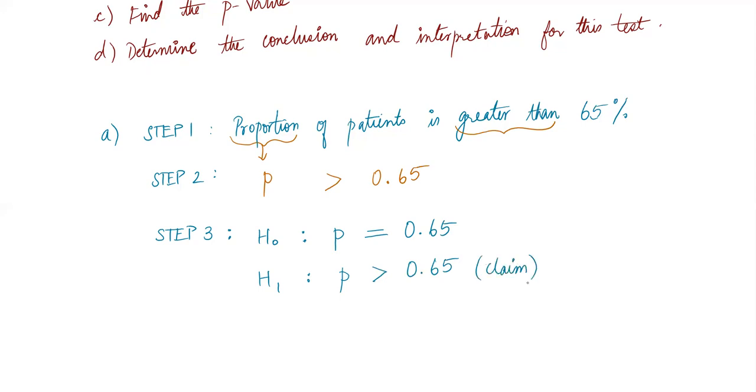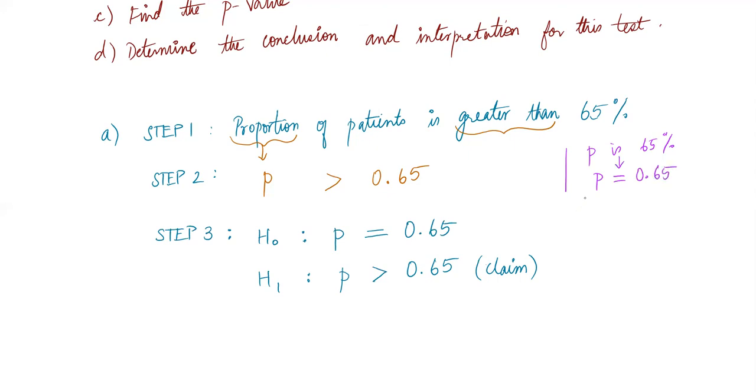A quick check. If the claim said the proportion of patients is 65%, I'm going to erase this after I explain this, but just a quick notation for you. If they said proportion is 65%, that means P equals, because is means equals, 0.65.